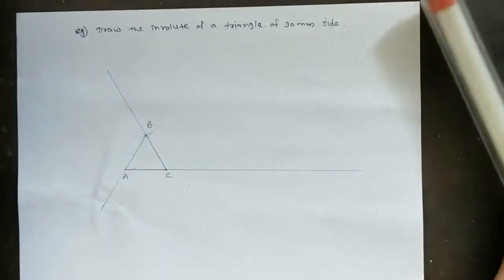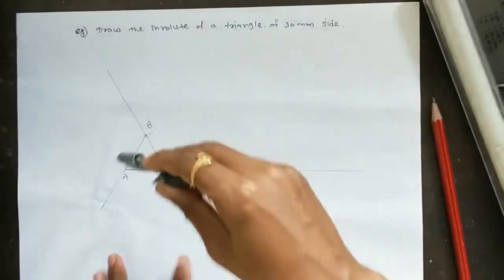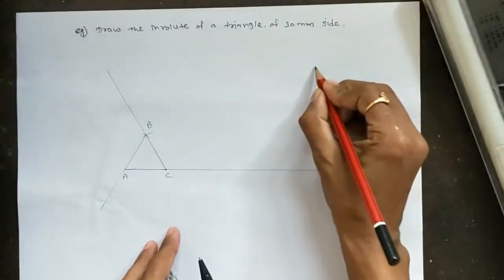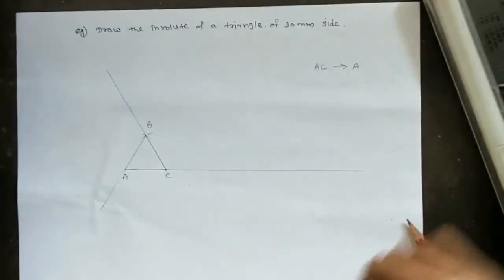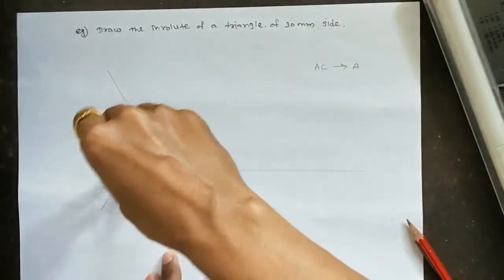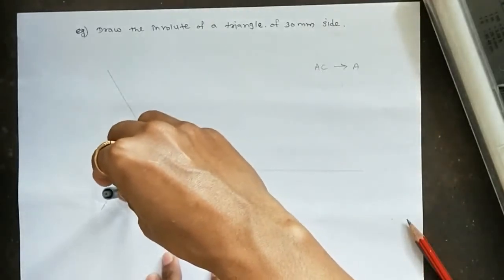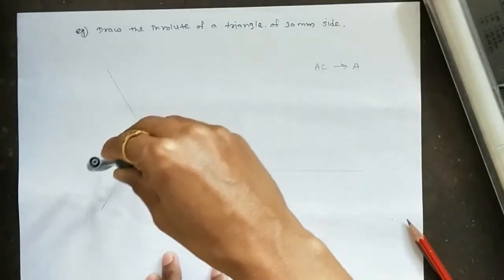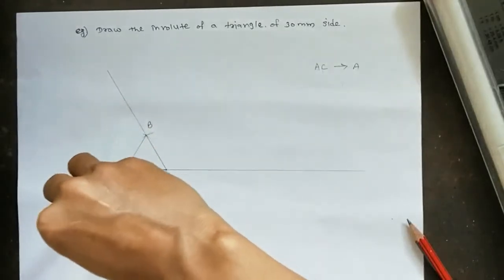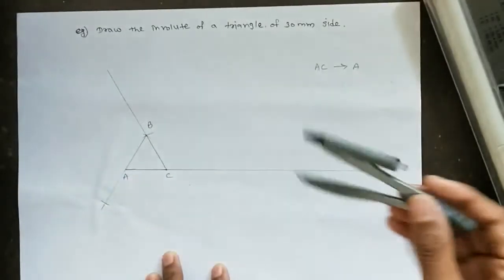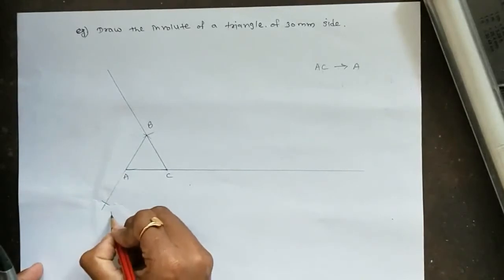Then take a distance AC in compass and A as center point, and mark an arc on this AB line and give name to this point as point P1.